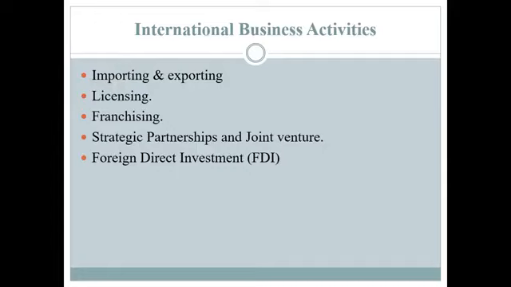For this activity they charge royalty, that is the fixed fee.